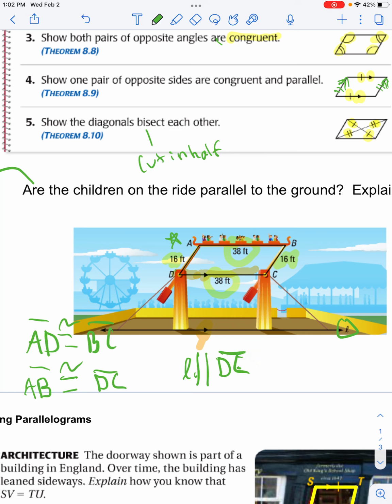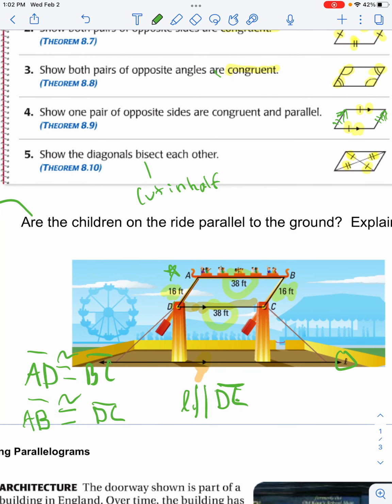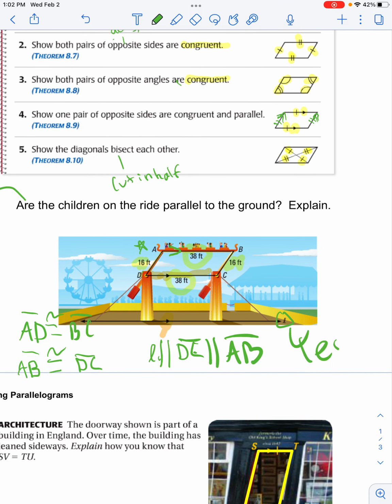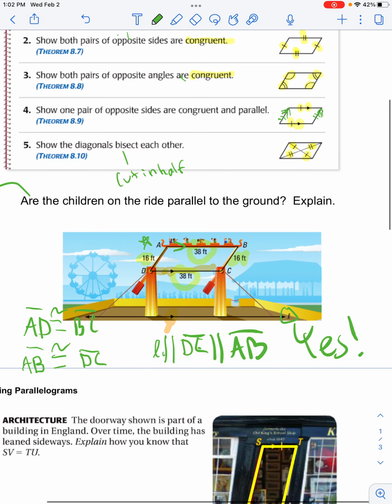Because we know it's a parallelogram, the properties of a parallelogram state that the 2 sides are parallel. So line AB is also going to be parallel to line L and line DC because it's a parallelogram. So our answer is yes, and this would be our explanation. We're explaining with our math.